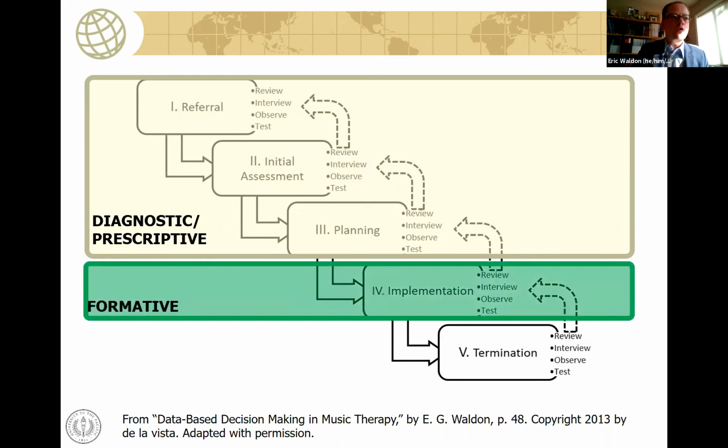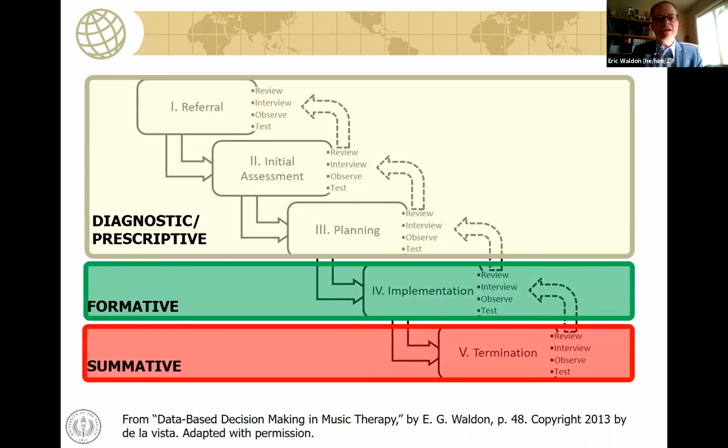We find that formative assessment is happening during implementation. And then the summative assessment purpose is largely occurring during the termination stage. So we can see how different assessment purposes, the treatment stages, and also the different assessment methods all interact with one another.